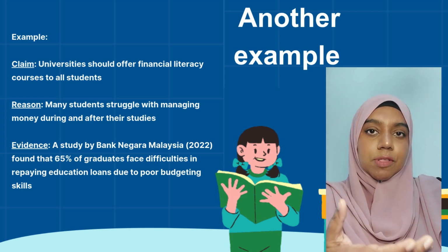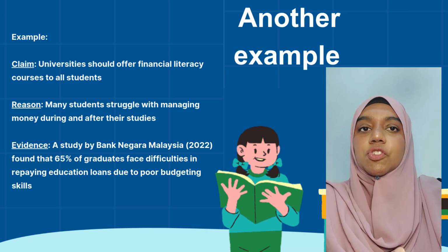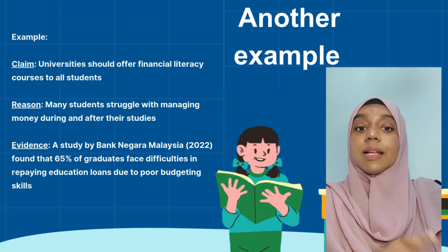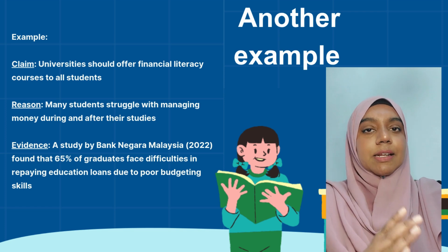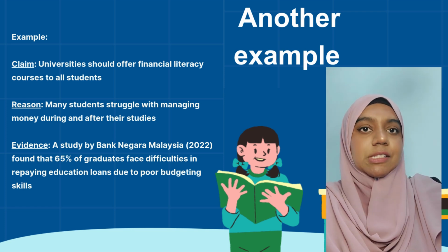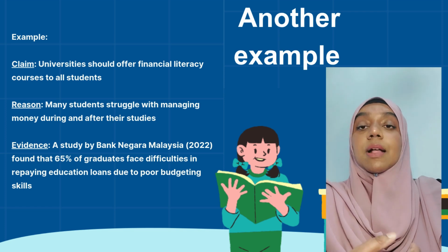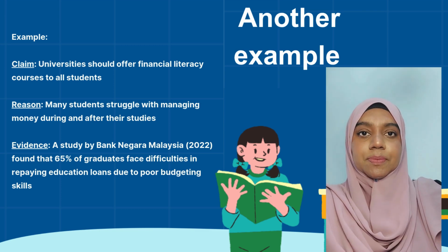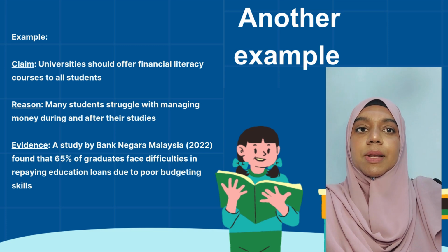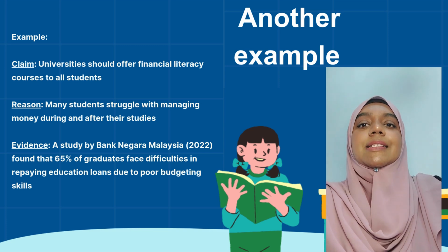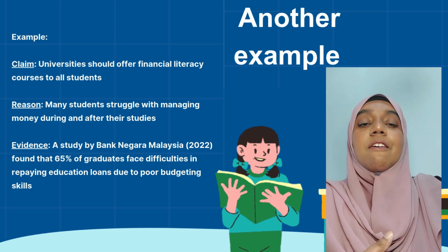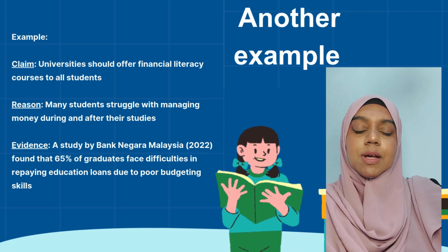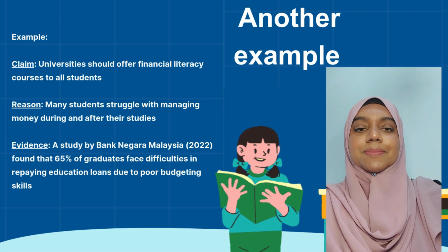The reason for this claim is many students struggle with managing money during and after their studies. This is a reason that is used by someone who agrees with the claim. The fact to support this reason is the evidence. A study by Bank Negara Malaysia 2022 found that 65% of graduates face difficulties in repaying education loans due to poor budgeting skills.